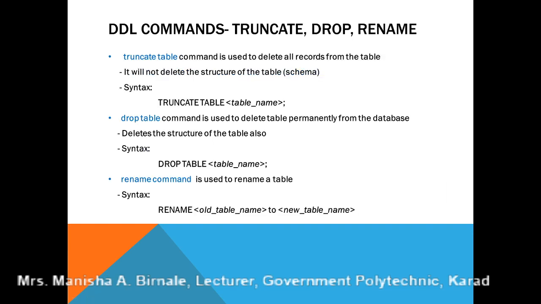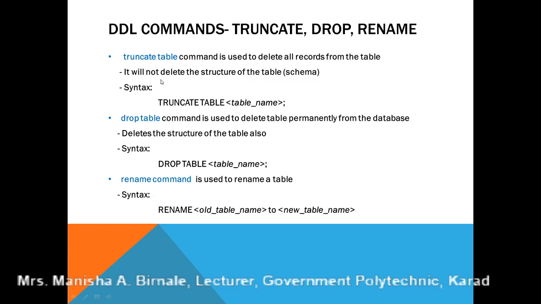Now there are some other DDL commands. First command is the truncate table command, and this command is used to delete all records from the table. It will not delete the structure of the table. So if the table contains some information, some records, all the records are deleted from that table when you use the truncate table command.